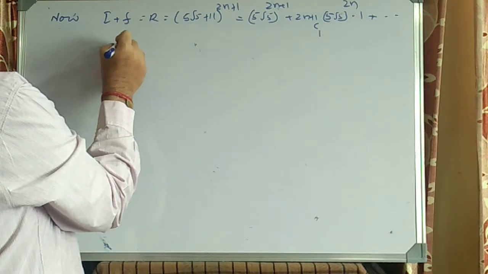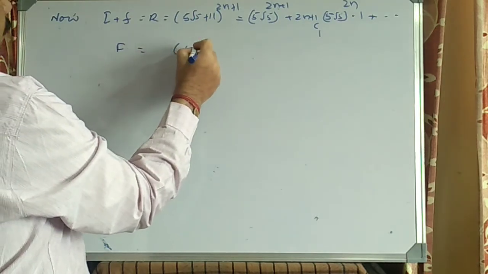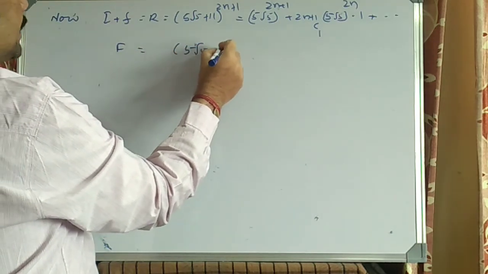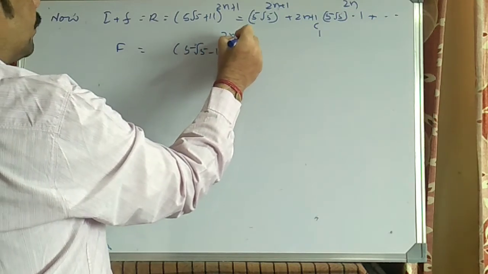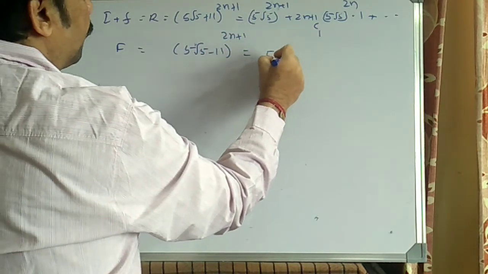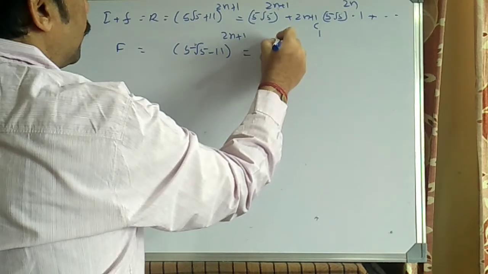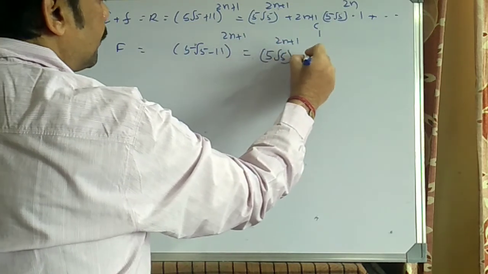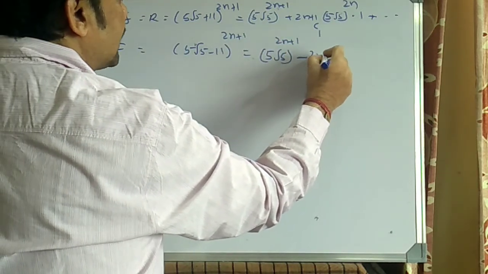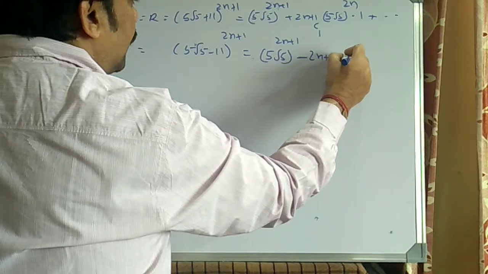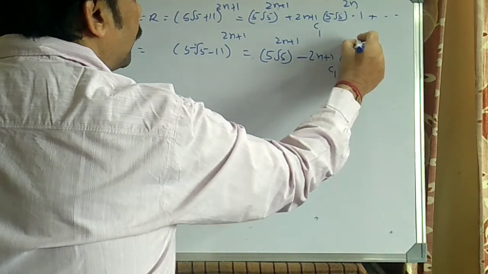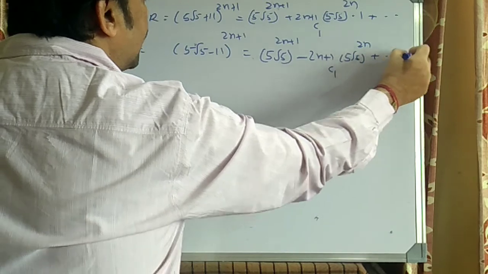In the same way capital F is equal to (5√5 − 11) to the power 2n+1, which is equal to (5√5) to the power 2n+1 minus 2n+1 C1 into (5√5) to the power 2n into 11, and so on.